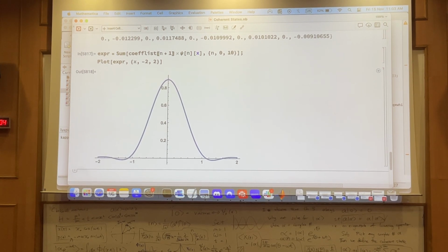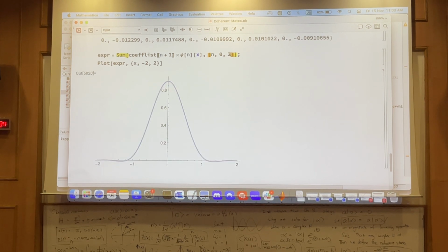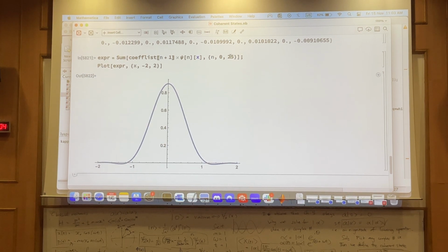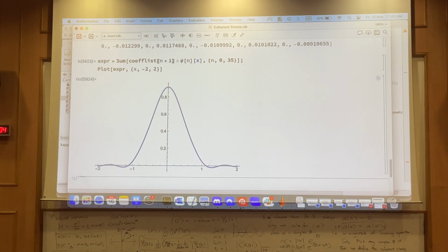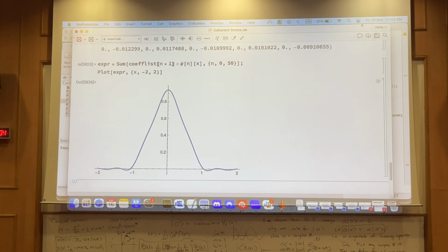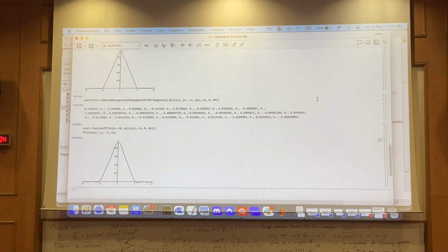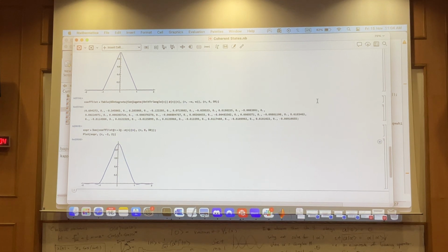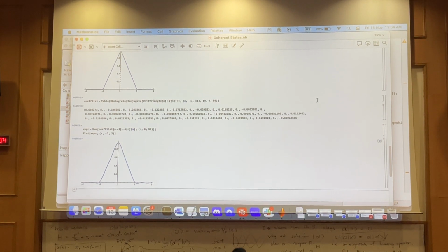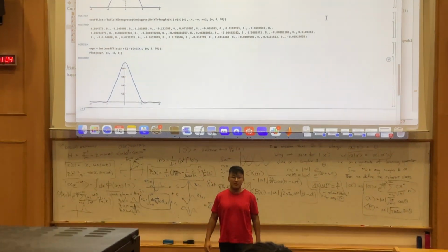It's getting there. Suppose I sum 15 of them. It's getting there. 25 of them. It's getting there. 35 of them. 50 of them. Okay. And let's compare this and that. So I'm decomposing my triangle into the eigenbasis of my harmonic oscillator.